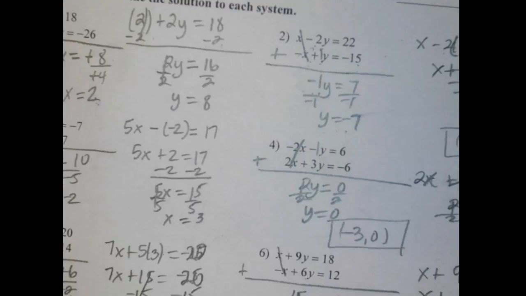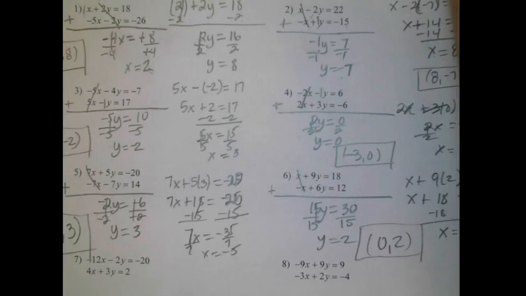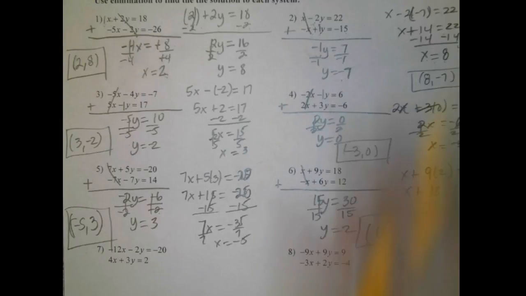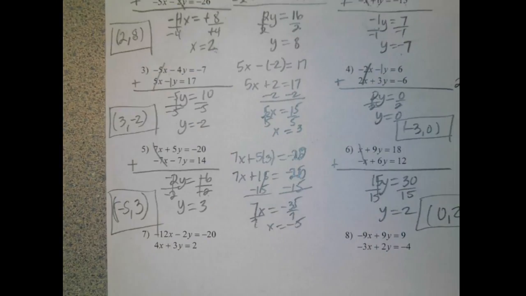All right? I'm going to zoom out a bit, and I want you guys to check your work for 3 through 6. Oh, let's do 3 through 5 first so that you guys can see. 3 and 5. Go ahead and check your work.